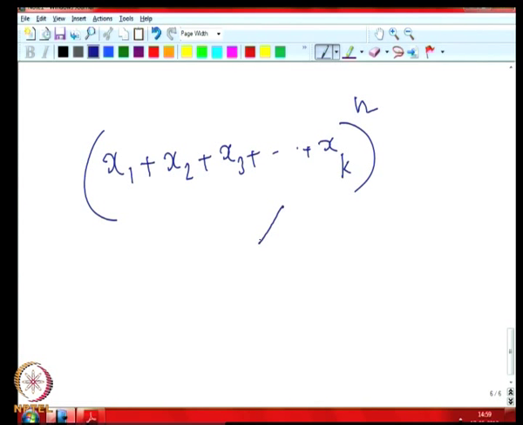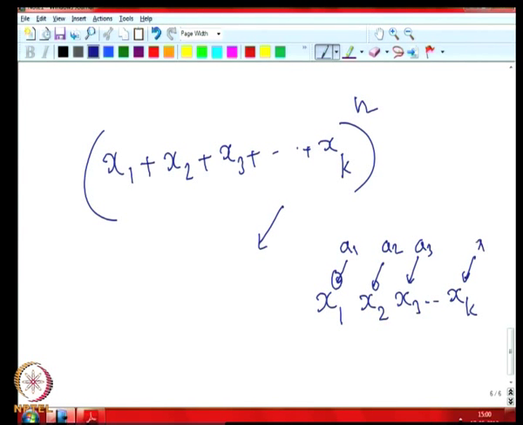So this will be expanded into several terms. You can see what kind of terms will come. This will be something like x1 raised to a1, x2 raised to a2, x3 raised to a3, up to xk raised to ak, with some coefficient.